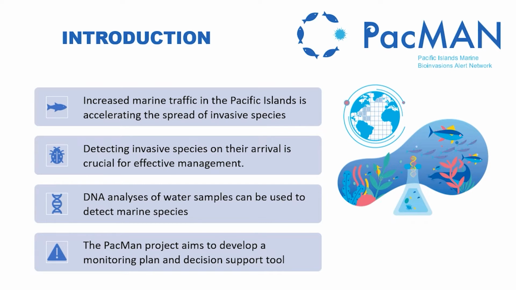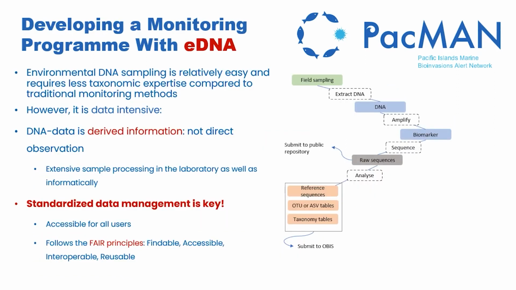Through our project, we aim to develop a monitoring plan as well as a decision support tool so that the environmental managers who are working in these ecosystems can get an indication when an invasive species has arrived in their environment to take the next necessary steps.